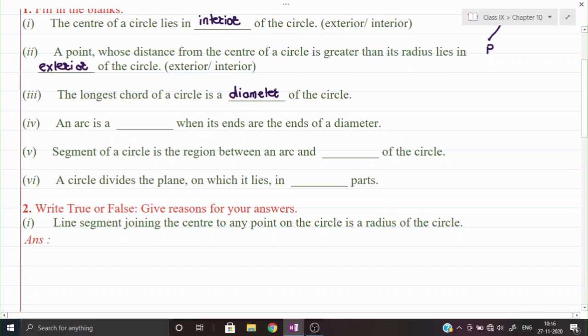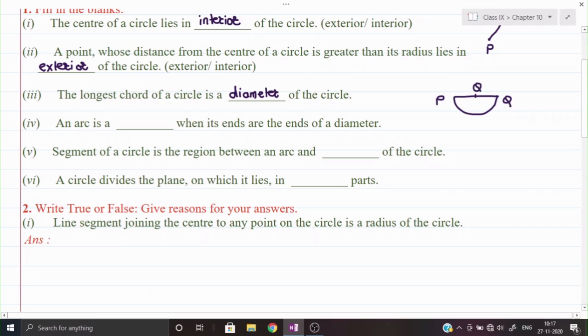Okay, the next one is: an arc is a dash when its ends are the ends of a diameter. They are asking the type of the arc, whether it will be a minor arc, a major arc, or a semicircular arc. You know that if its end points are the end points of a diameter, observe this kind of arc, what will it be called?